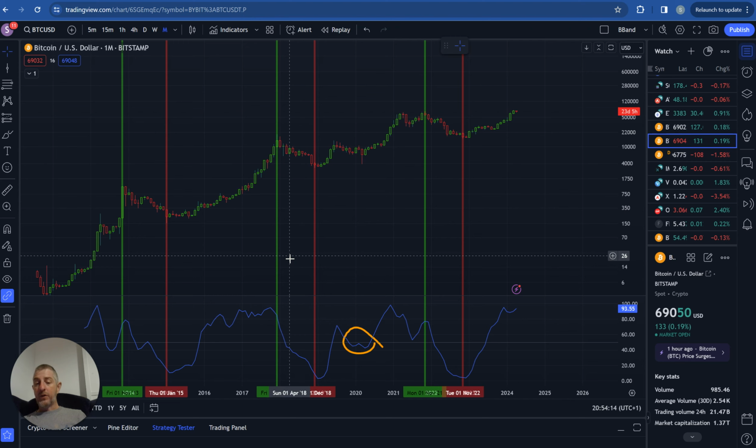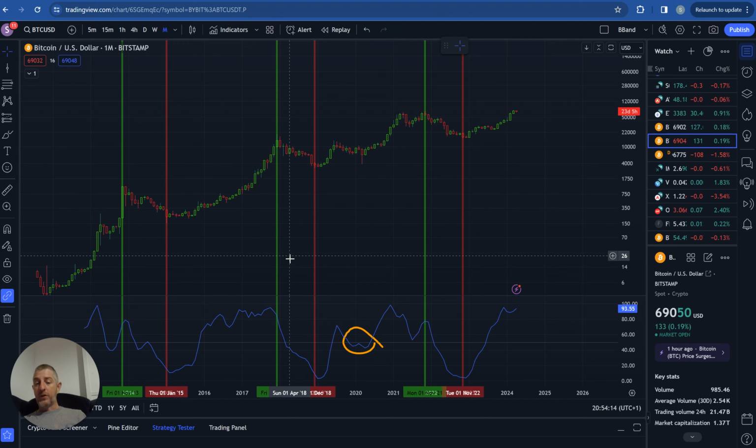When the stochastic crosses the 50% either to the upside or the downside, I'm defining that as, if it crosses to the upside, a bullish phase, and if it crosses to the downside, a bearish phase. Okay, so just keep that in your mind.